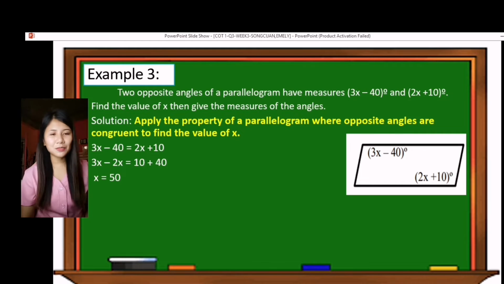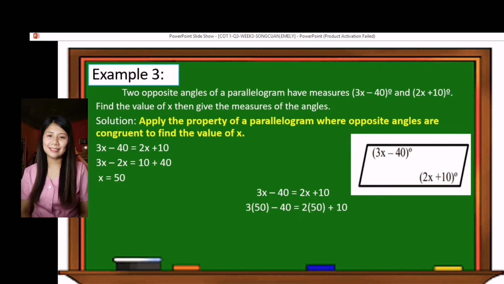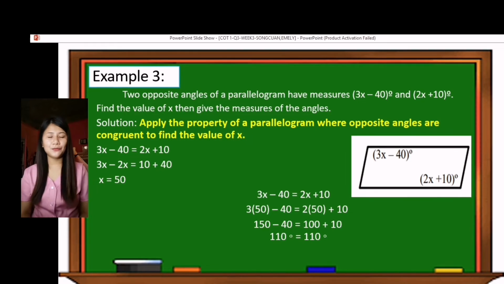Now, let us substitute the value of x to the original equation. We have 3x minus 40 is equal to 2x plus 10. Then, let us substitute the value of x. So, we have 3 times 50, that is 150, minus 40, that is 110.